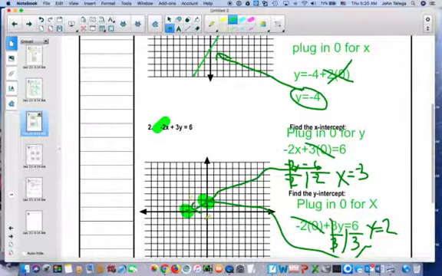This one is the x, -3, and this is the y, +2. And then I can draw a line through those two. Like that, right? Like that. Okay. There you go.